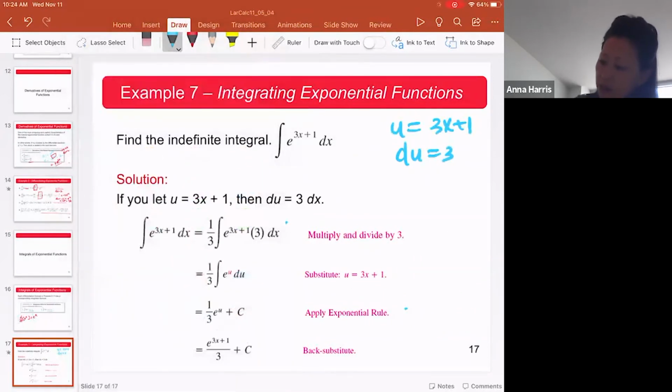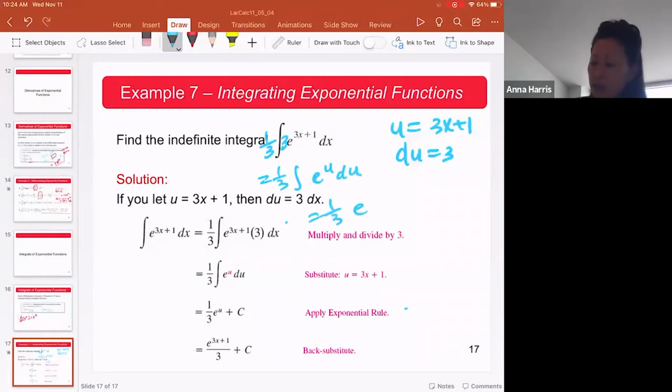So I will multiply this by 3 and divide by 3, which is 1/3. Then I have 1/3 e to the u du. That means I'm done. Then I just put u back, which is this. So we're done.